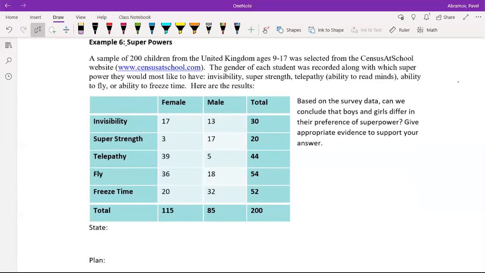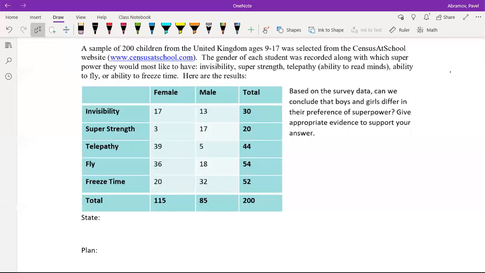So let's look at the question that we have here, which is example 6 about superpower. In this question, we had 200 children from the United Kingdom, ages 9 through 17, who were selected from the Census at School website. And they were asked, what kind of superpower would you prefer?